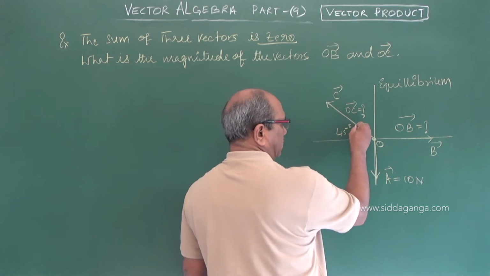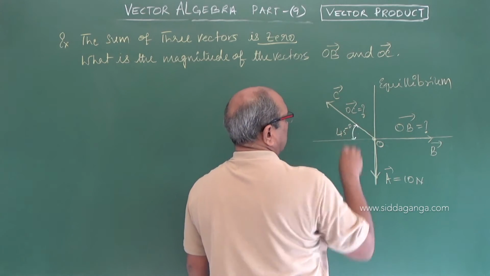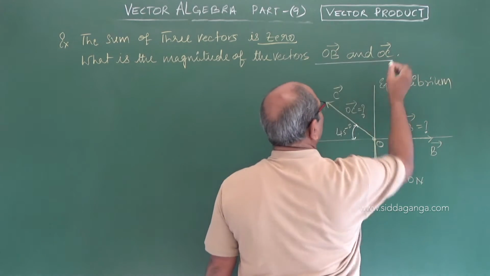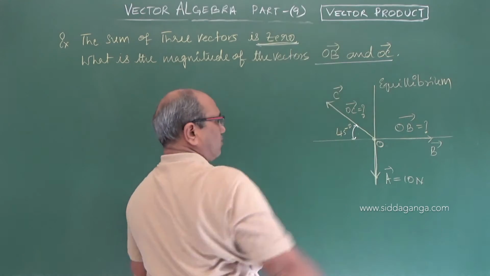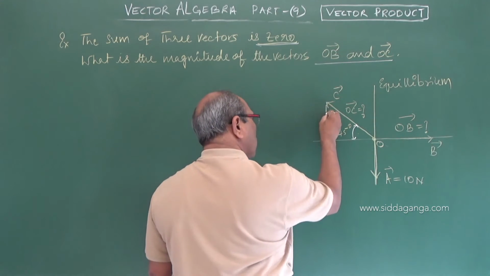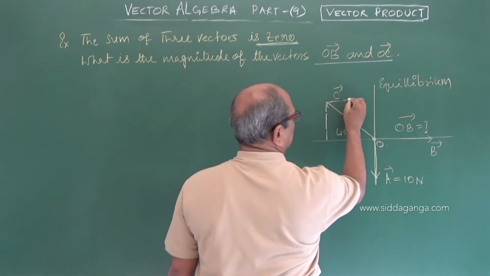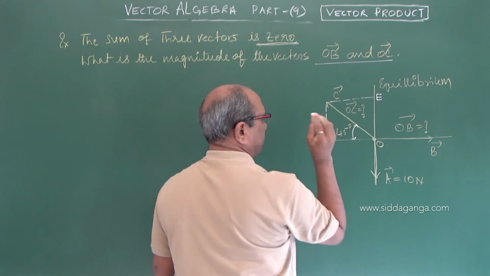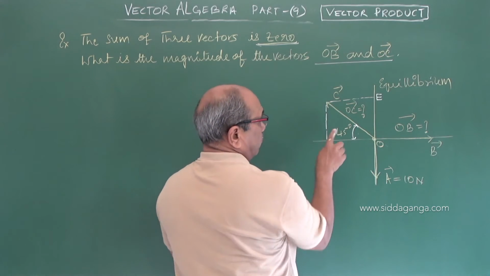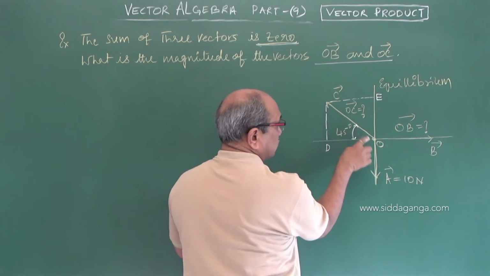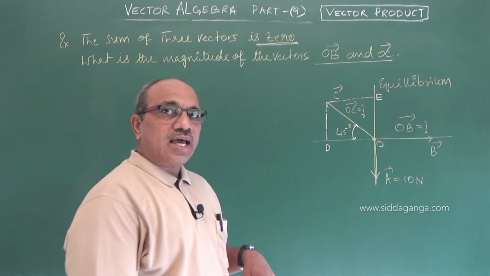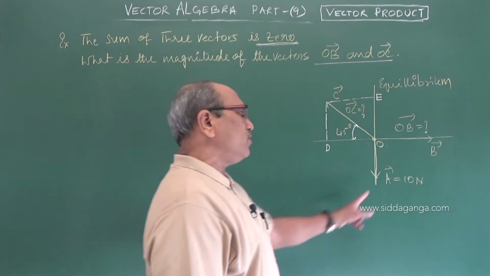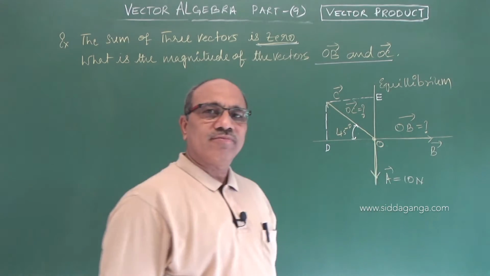To do that, just see the figure. The question is finding these two, and the system is in equilibrium, resolving into two components. If I call these E and D, now the OC components can balance the two vectors independently.